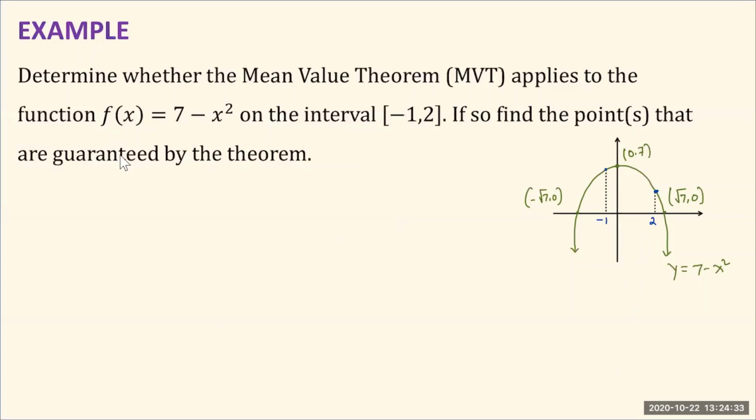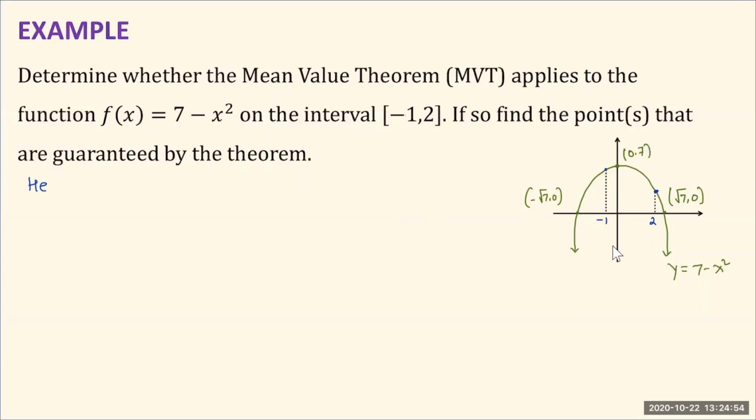Now the first part of the question says, determine whether the mean value theorem can be applied. If the mean value theorem is applied, then the function must be continuous. Look at this function, it is continuous. You will be able to find the derivative everywhere inside. That means this function is also differentiable. So the mean value theorem can be applied, but you have to write that down.